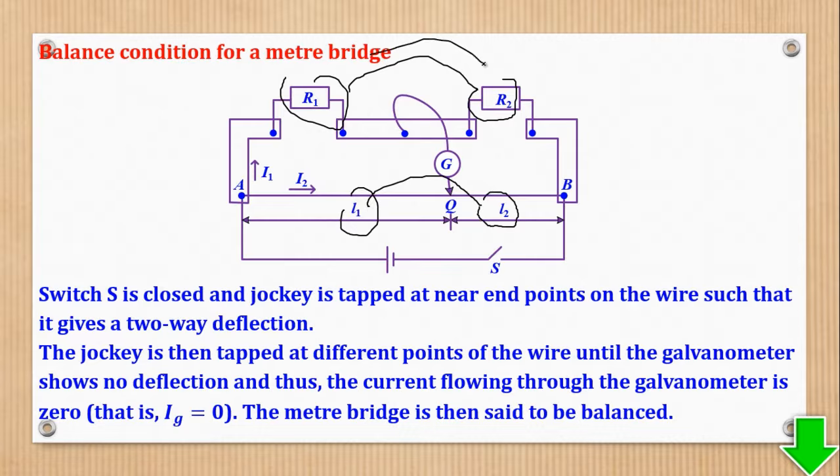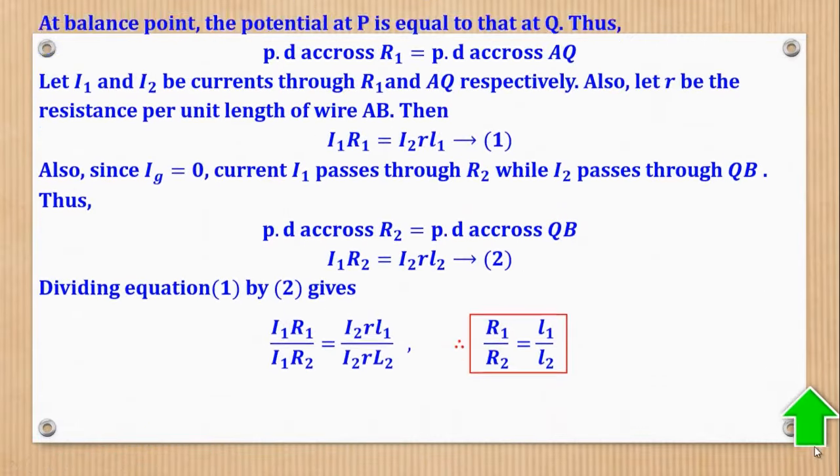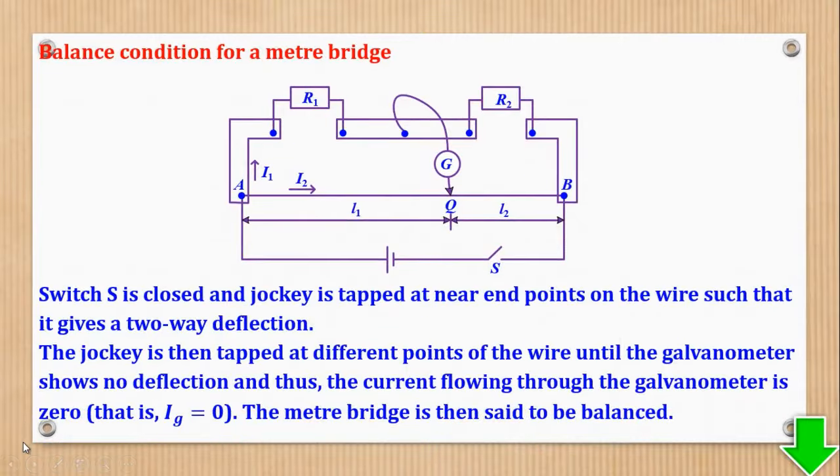So you get the ratio of the resistances and the ratio of the balanced lengths, and equate the two. Now that we have seen the balance condition, next is to look at the questions.